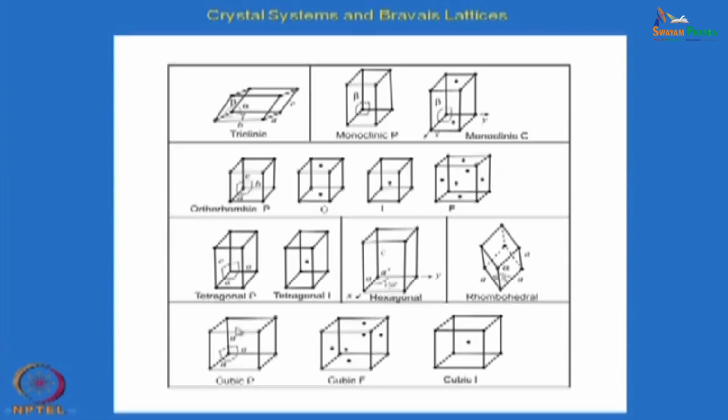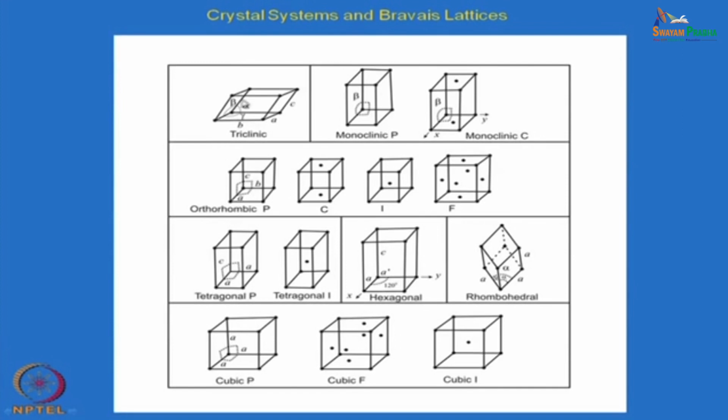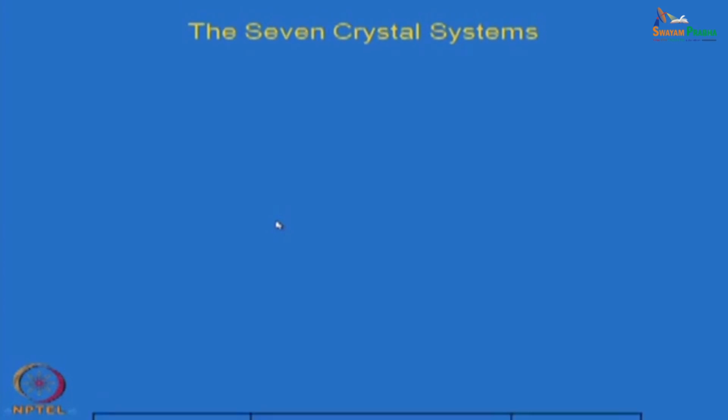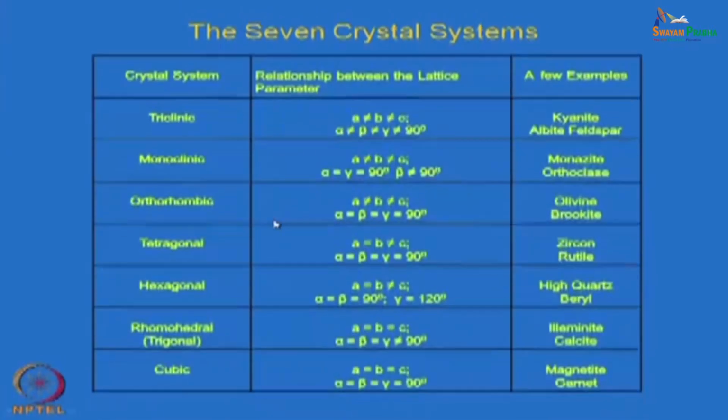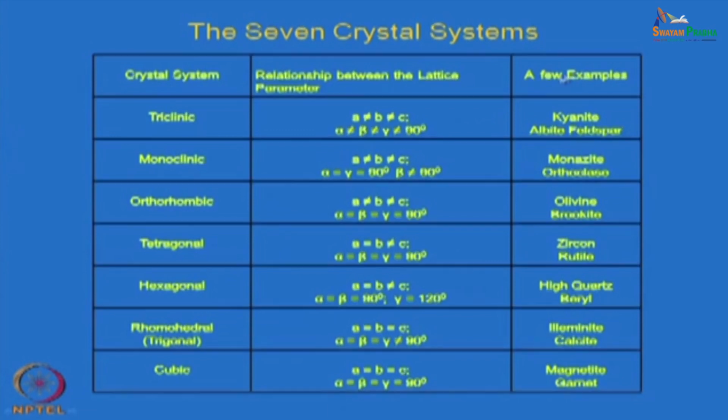Any atomic arrangement, whatever you can think of, or really whatever exists in reality, can be described by these 14 Bravais lattices. Okay. And their relationship is given in the next slide, how x, y, a, b, c and alpha, beta, gamma are related.